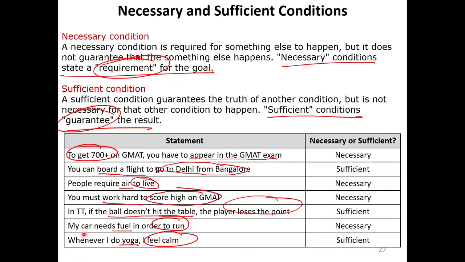Because this statement does not preclude or prevent the possibility that I may feel calm due to some other reasons as well. For example, physical exercise may make me feel calm, or shopping may make me feel calm. For that reason, yoga is not an absolute requirement for me to feel calm, and that's the reason it's not necessary.